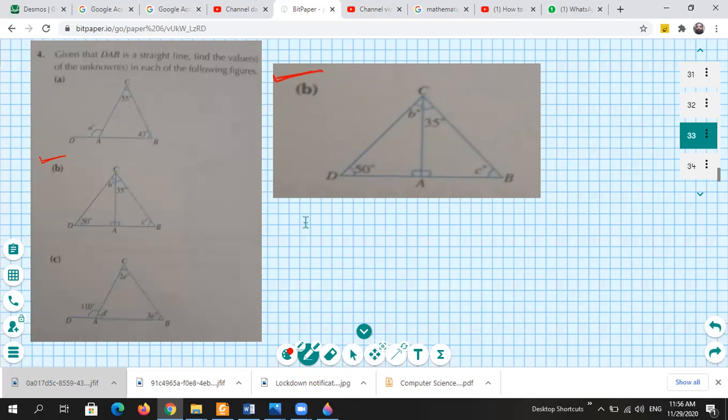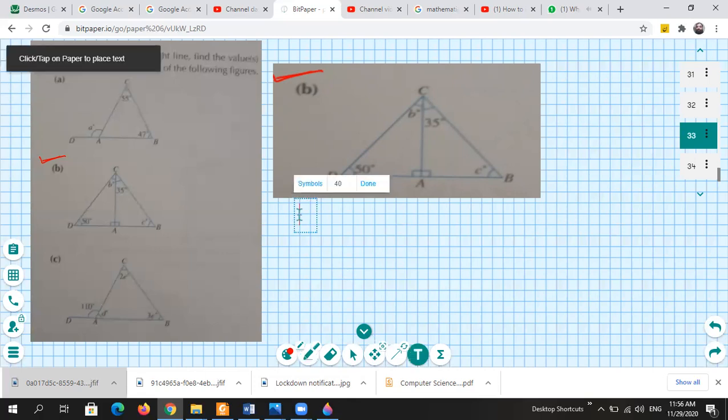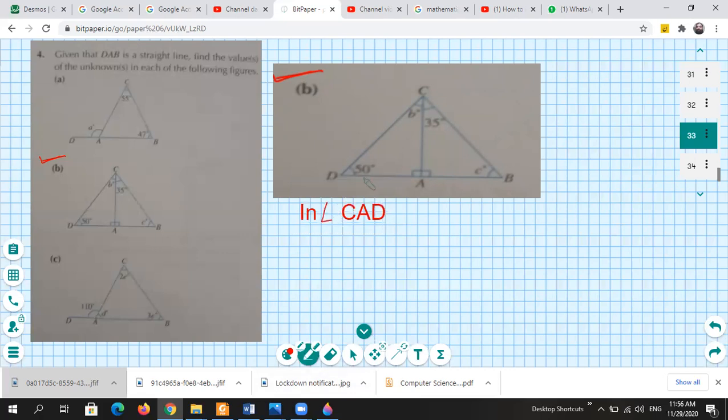In the first triangle, triangle CAD, the sum of all the angles must be equal to 180 degrees, meaning B plus 50 plus 90, the first, second, and third angles, equal to 180 degrees.